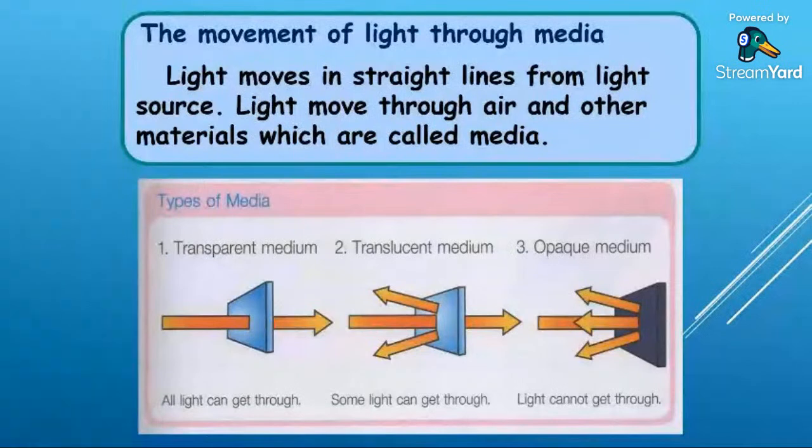Some lights pass through, but some light doesn't pass through, they bounce back. Number three, opaque medium. As you can see in the diagram, light cannot get through opaque medium.